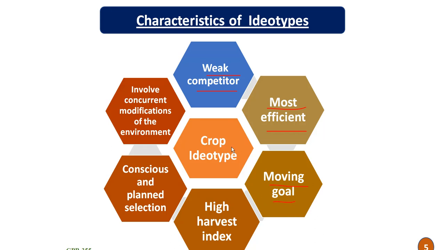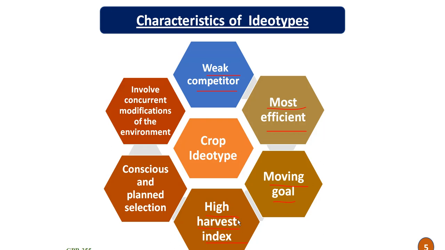Next one is a high harvest index. The ideotype having a high harvest index means the economic yield is greater than the biological yield.